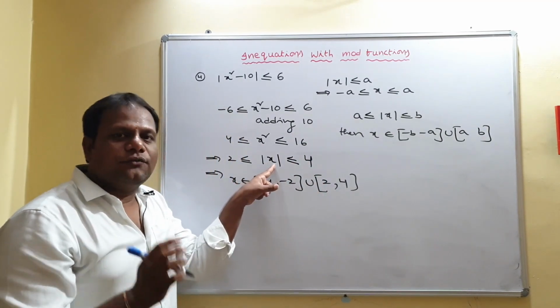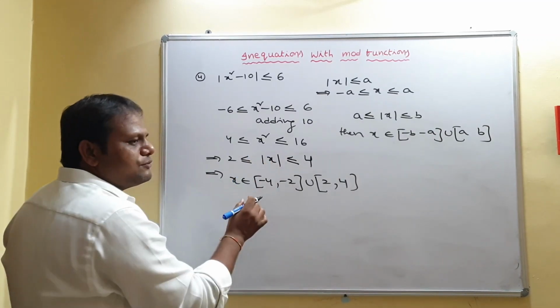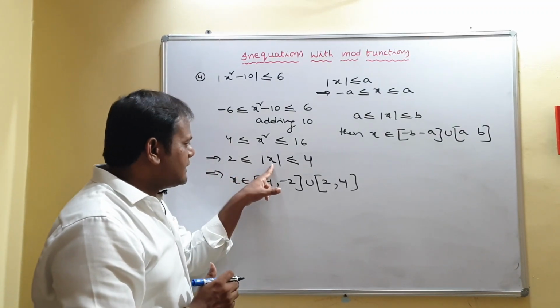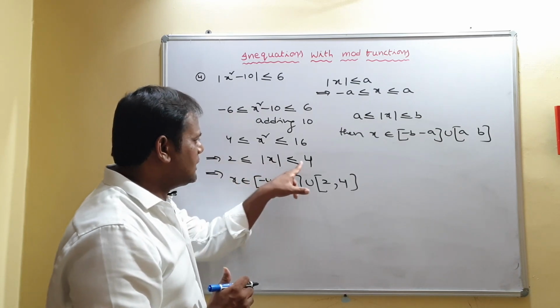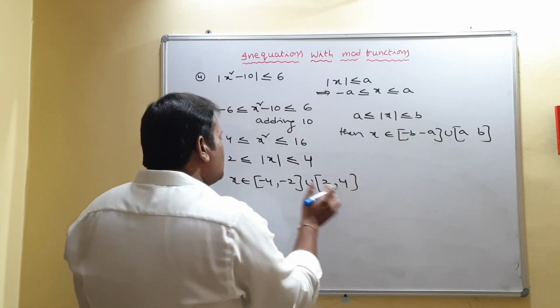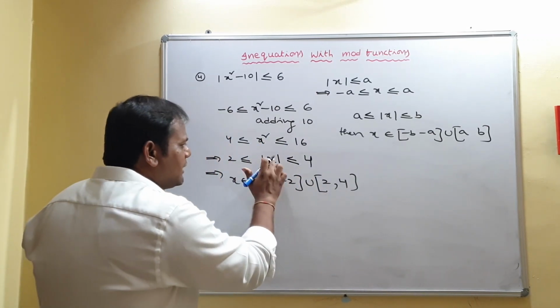For mod x, we have two cases. Suppose you take x positive. If x is positive, mod x is x. So 2 less than or equal to x less than or equal to 4. Then x belongs to 2 to 4. Similarly, you take x negative. Then here you get a negative sign.